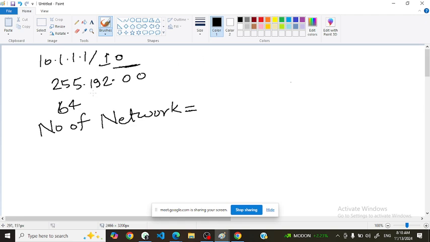In the subnet mask, in the first octet, all the bits are on. In the second octet, 2 bits are on from the network and the rest are off. In the third octet, all are off, 0, 0, 0.